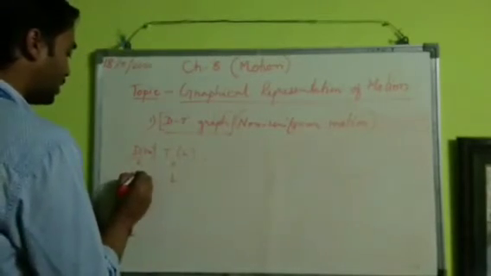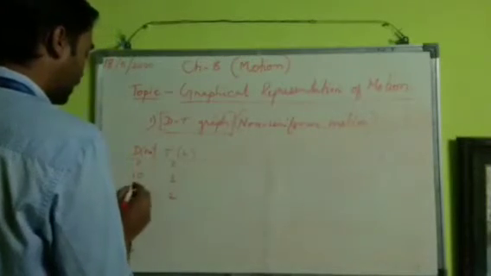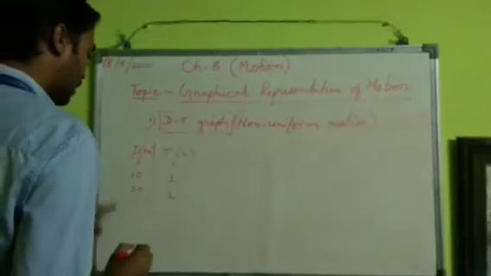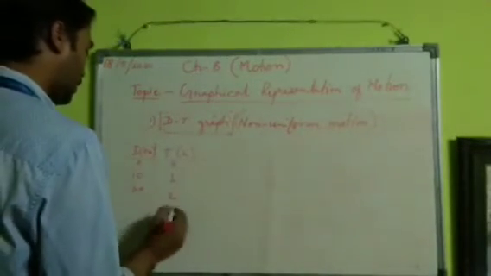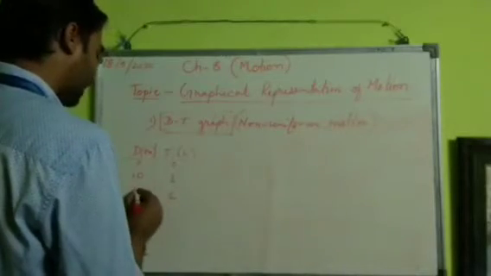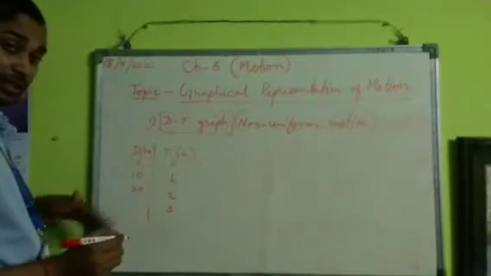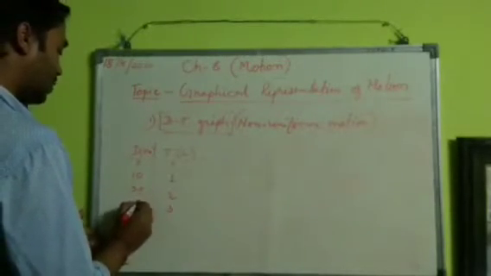Let us take for first 1 hour, distance cover is 10 kilometers. For the next 1 hour, let the distance cover be 20 kilometers. So it becomes 30 kilometers at the end of 2 hours. And let us take 30 kilometers in the next 1 hour. So at the end of 3 hours, the distance cover becomes 60.